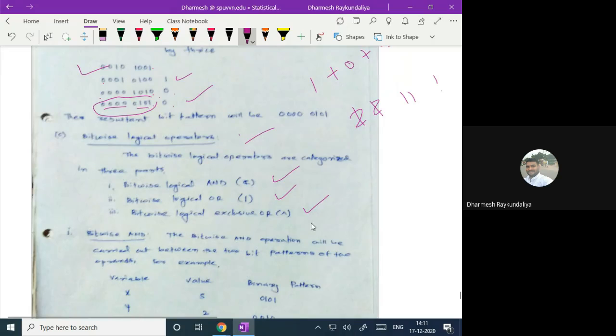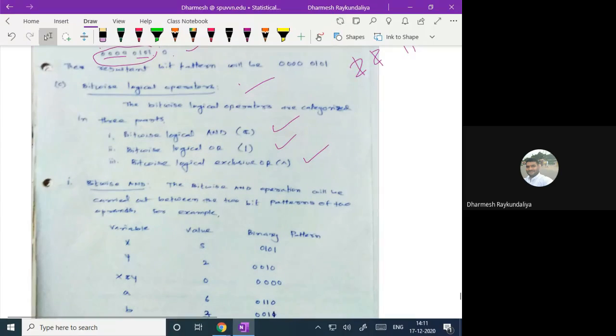So let us understand the bitwise AND. The bitwise AND operation will be carried out between the 2 bit patterns of operands. So let us say variables x and y are given. Value of x is 5, value of y is 2. If I am converting into the bit patterns, this is that. So what is the bitwise logical AND?